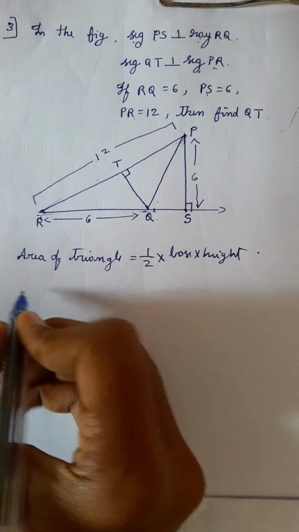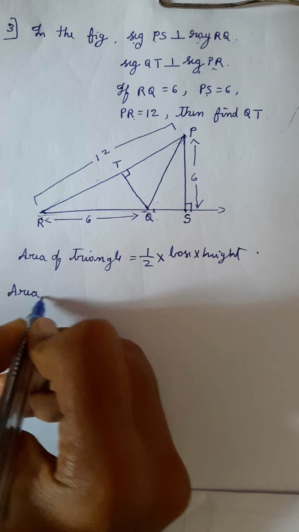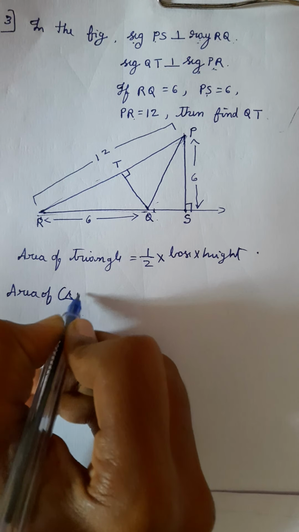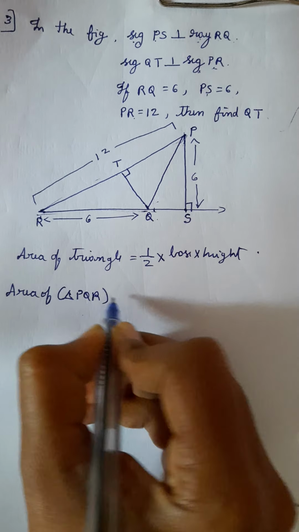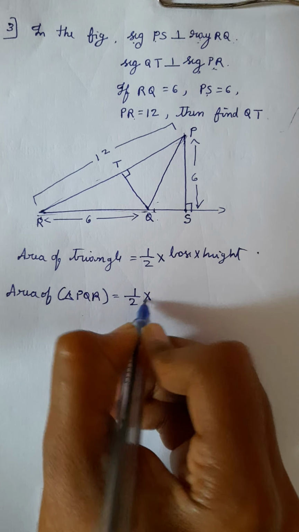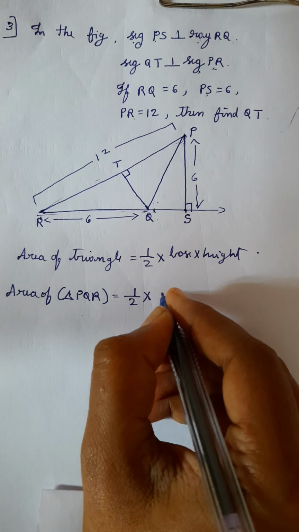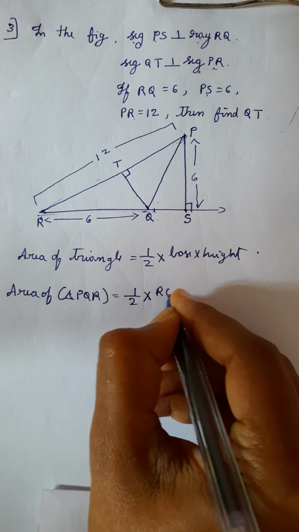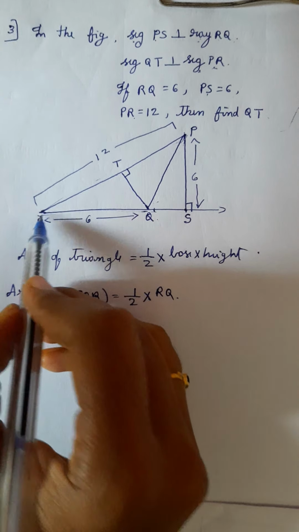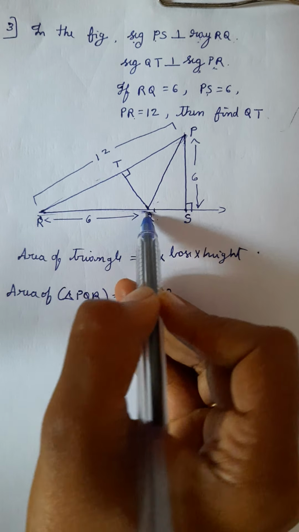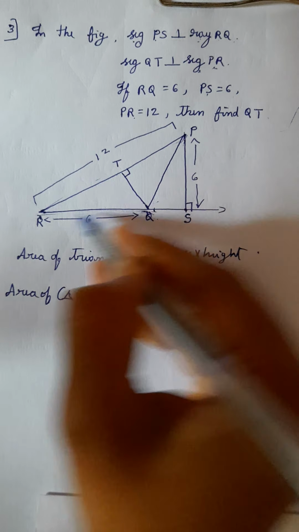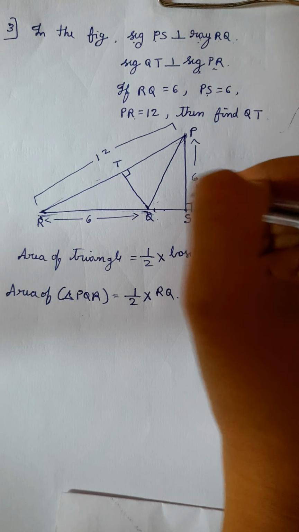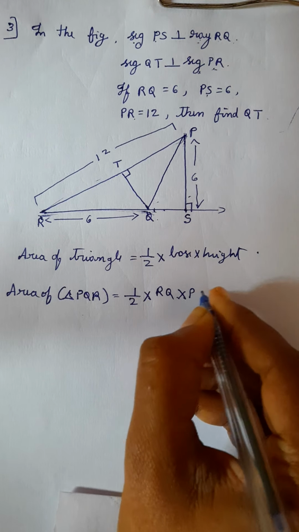So I will take area of triangle PQR is equal to half into base. In triangle PQR, base is RQ and height is PS. It is outside.